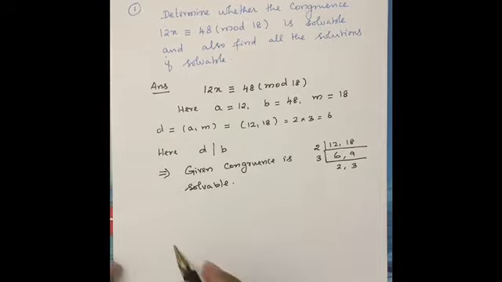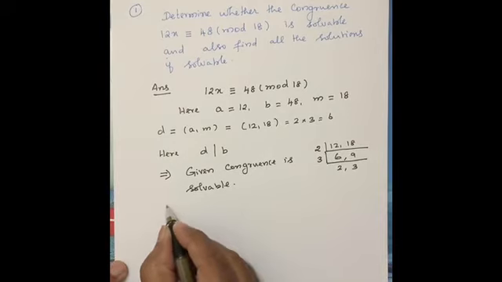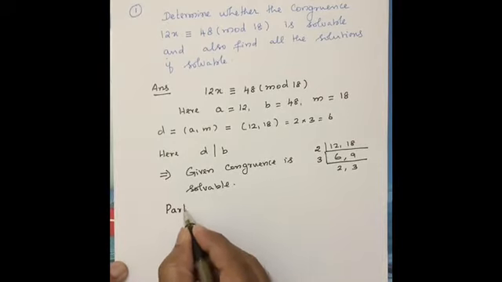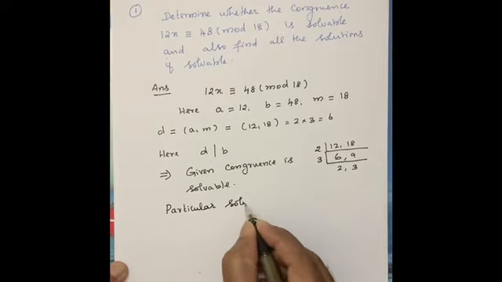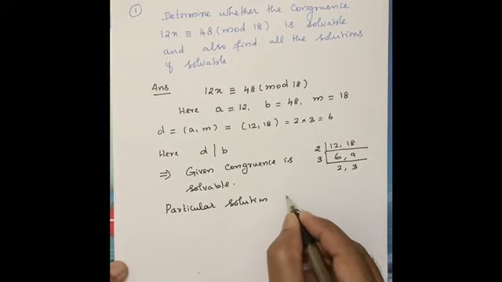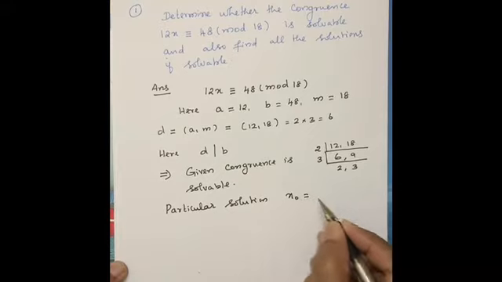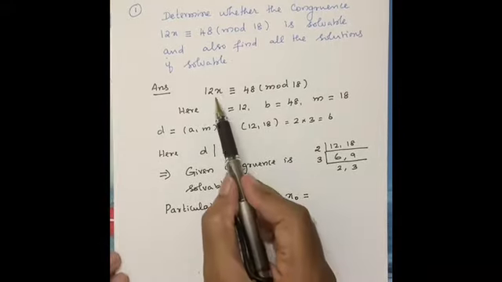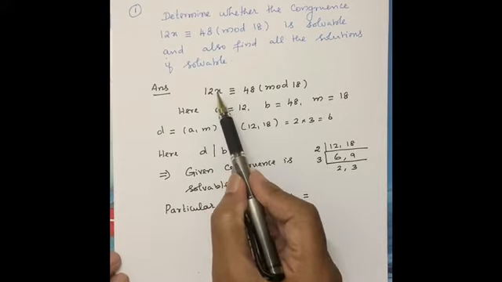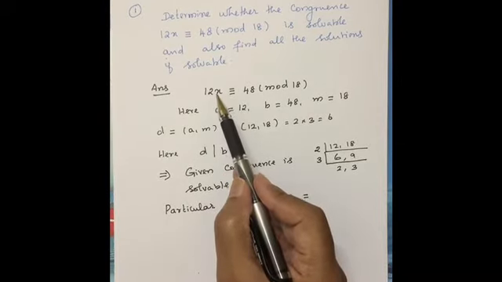Now what is a particular solution or trial solution, X naught? You have to check this by trial and error. Replace X by some number. Start with 1; if 1 satisfies, then easy, otherwise go for 2, 3 like that.